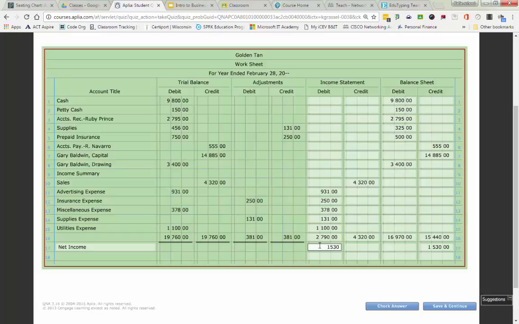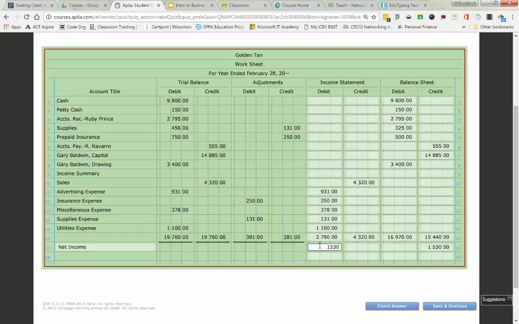If it doesn't make my balance sheet equal, there is a mistake somewhere on your worksheet, and you need to find and fix it. If you're here in class, let me know and I'll come look at it. It could very well be that you just did the math incorrectly on these adjustments. Or it could be that you didn't transfer your numbers over correctly and you have the wrong amount for your total expenses. It could be either way.